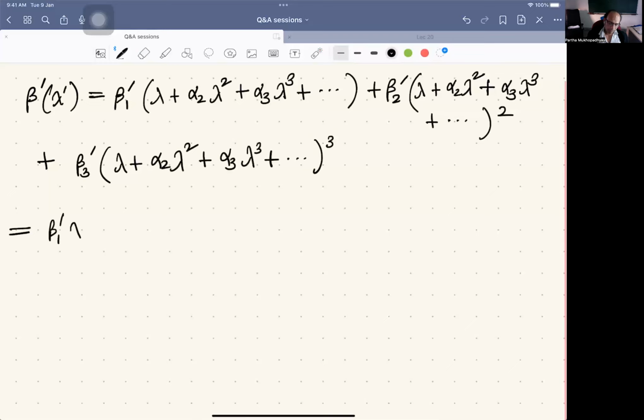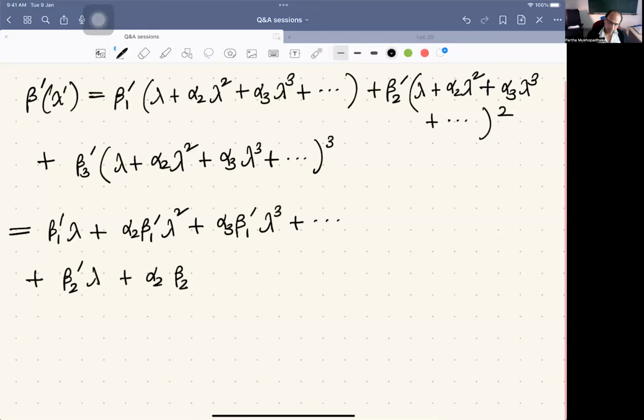So beta 1 prime lambda plus alpha 2 beta 1 prime lambda square, plus beta 2 prime lambda square, and so on. Okay, so the next term is coming from here, and if you expand the binomial, you have a lambda square and the 2ab term from this and this.